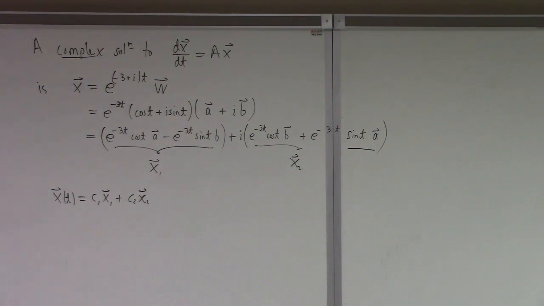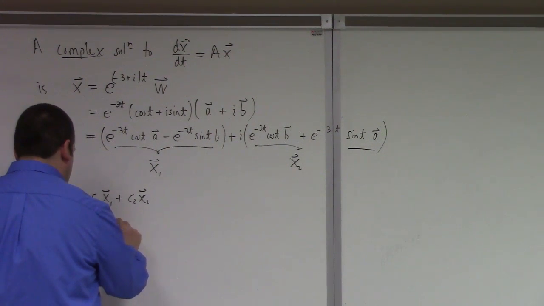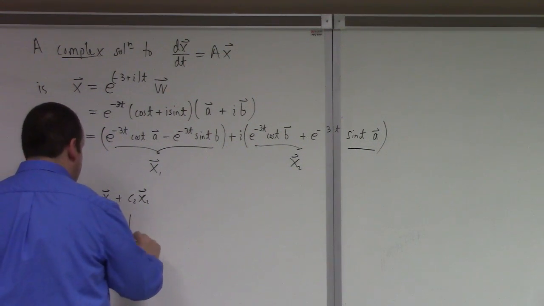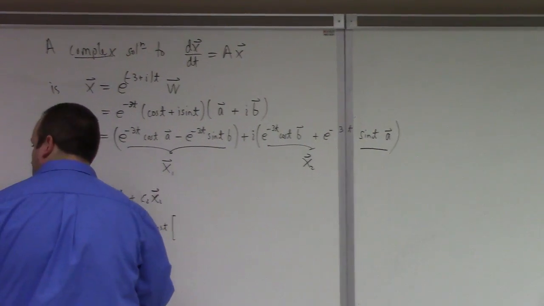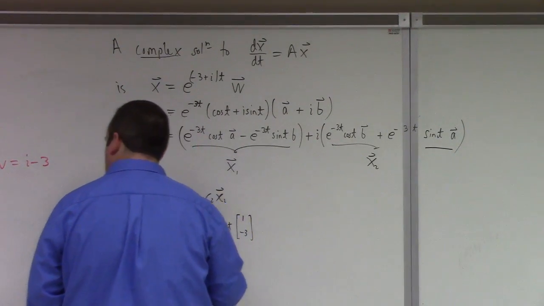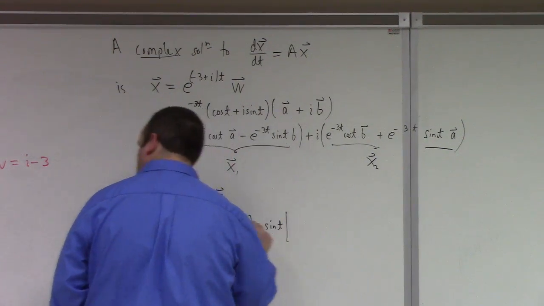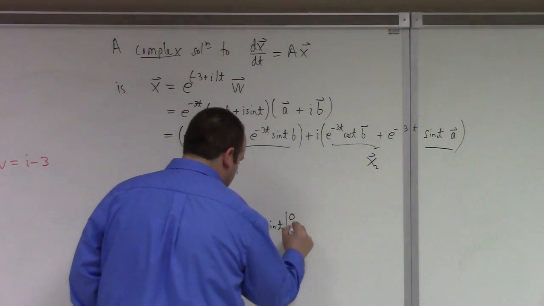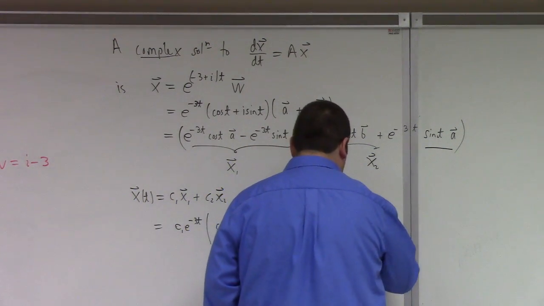Let me be explicit. So this is equal to c1 e to the minus 3t parentheses cosine t times the vector a, which was 1, minus 3. And then minus sine t times the vector b, which was 0, 1. And then I do plus c2 e to the minus 3t.